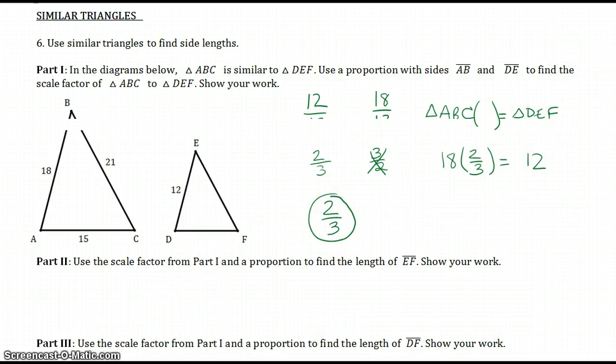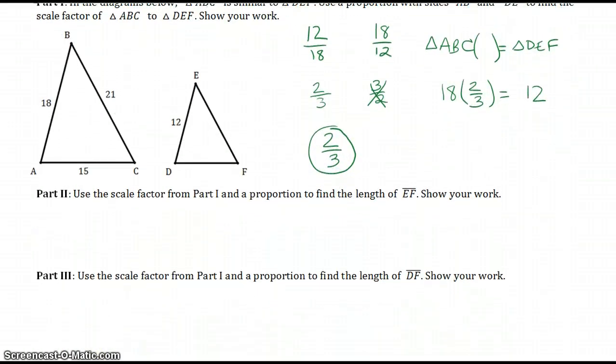Now we want to use that scale factor and a proportion to find the length of segment EF. Well, segment EF is corresponding to segment BC. So we can do 21 times the scale factor of 2/3 equals the length of segment EF.